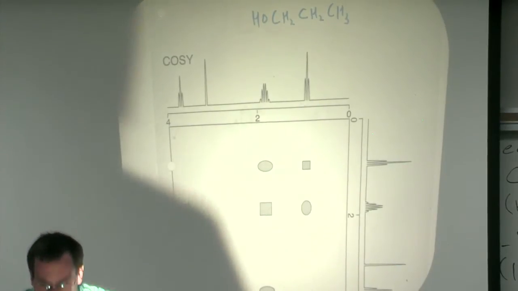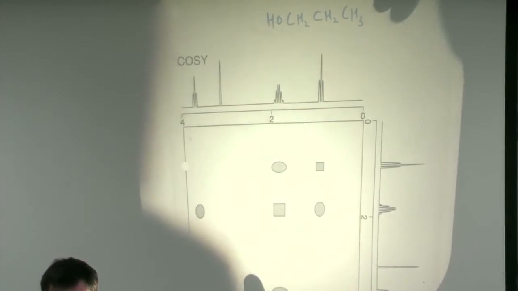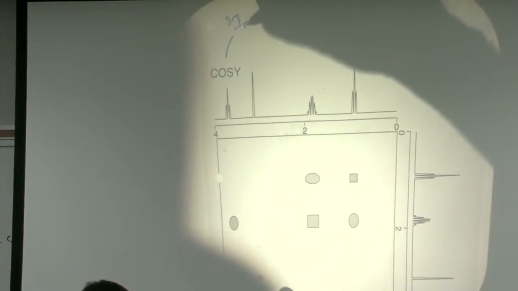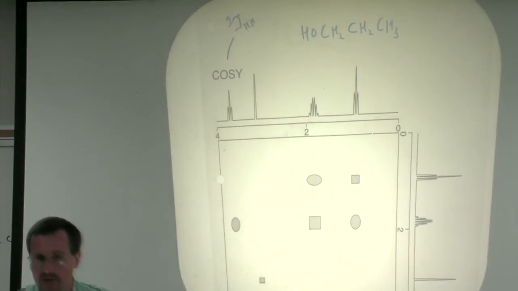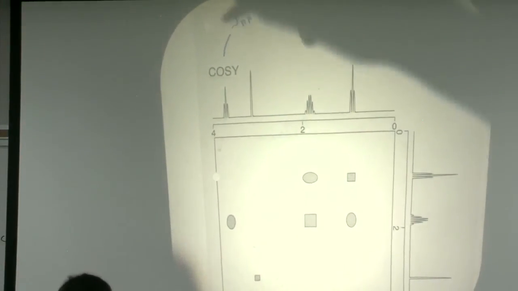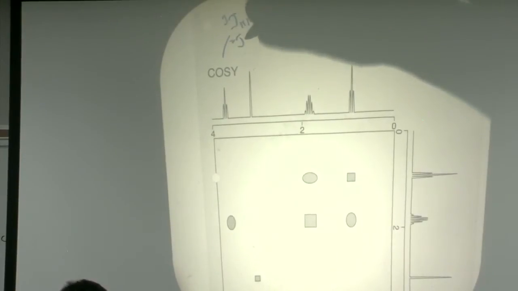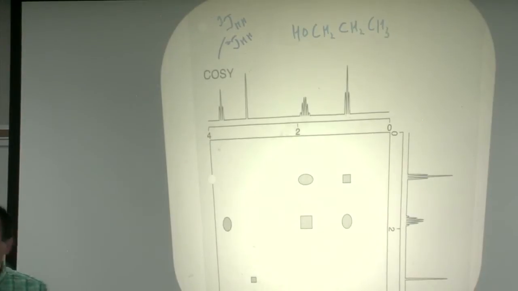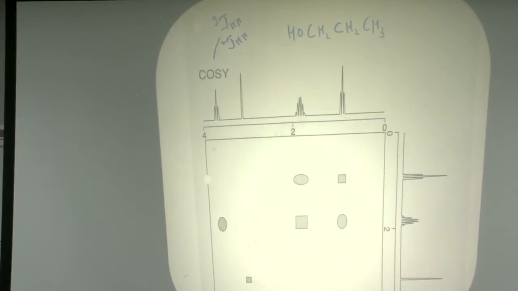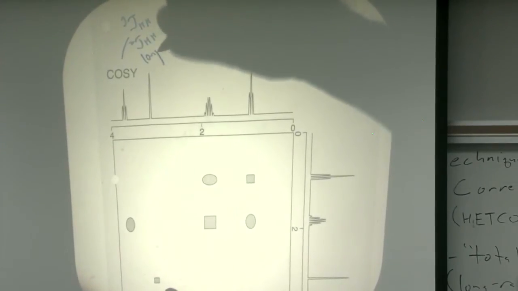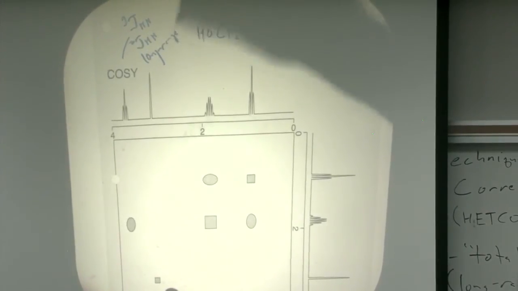And so a COSY is going to give us all of our couplings. It's going to give us our 3J, in other words, our vicinal couplings, and our 2J, in other words, our geminal couplings. In any case, you have coupling, you'll get long-range coupling as well, like allylic coupling.